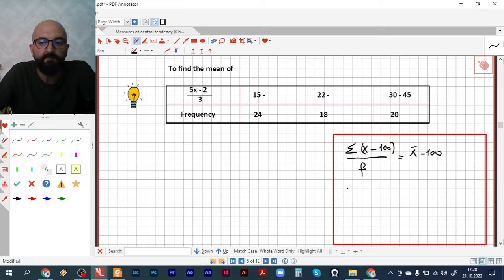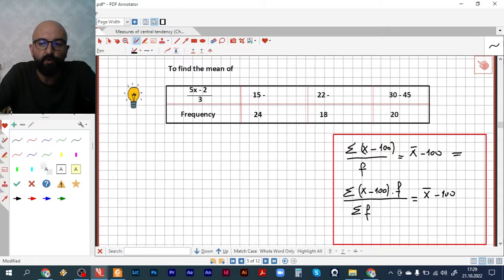And for example, if you have grouped data, when you compute the mean, the sum of (x minus 100) multiplied by frequency over the sum of frequency, you should find the mean 100 less than the mean, so the mean minus 100.